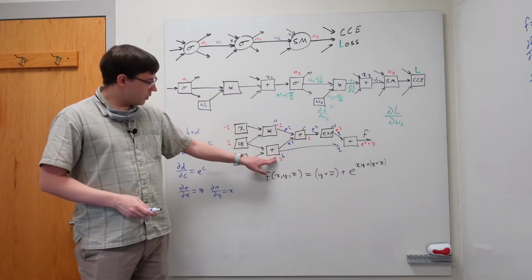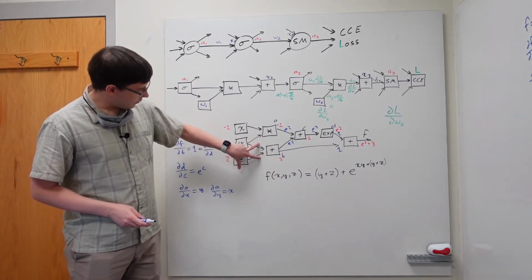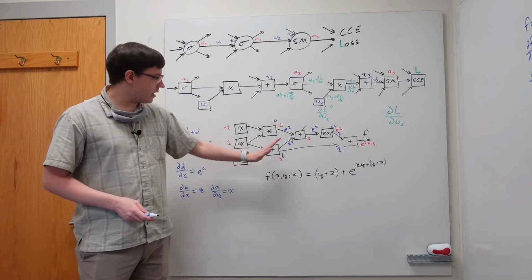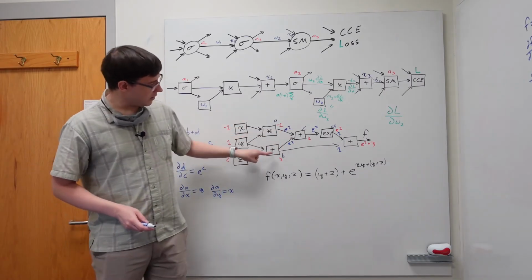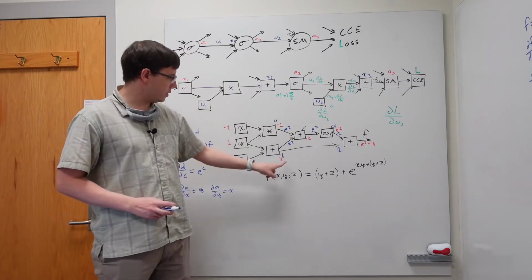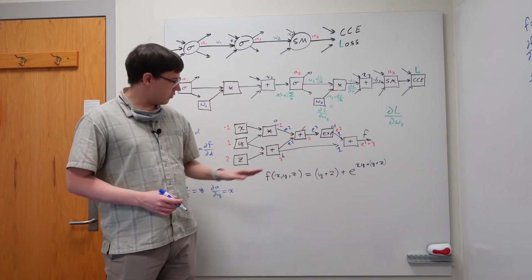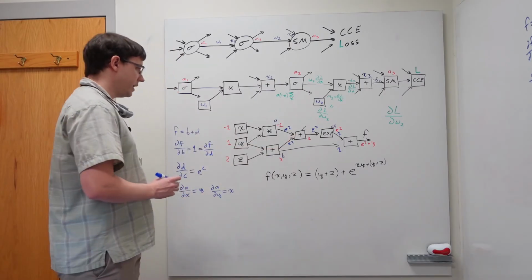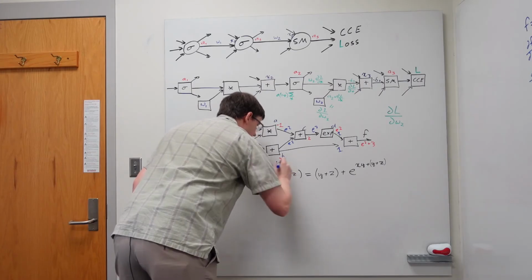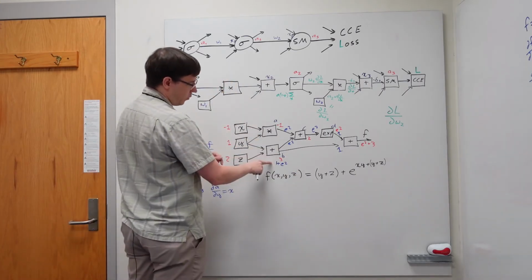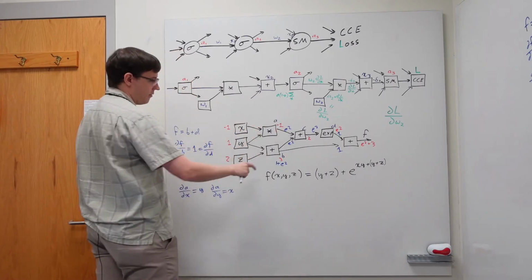When we get to node B and we want to get the partial derivatives for each of these incoming edges, we need to first sum up all of B's eventual contributions. So we have a contribution of 1 here, plus a contribution of e squared here, and so we get a total of 1 plus e squared as this node's contribution to the derivative of f.